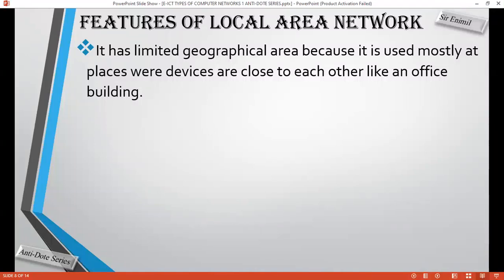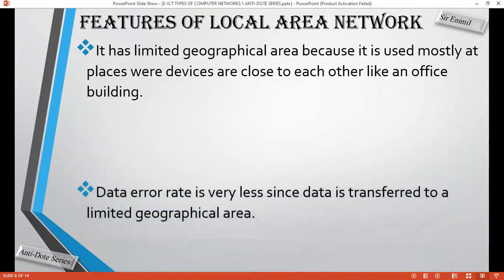It means that once you step outside that particular area, you are not getting access to the office documents. You have to be within the premises in order to get access to the network. So it has a limited geographical area. It doesn't span across multiple areas. It spans only within the area that the company sees fit and where the organization is. If you want more than that, then we are looking at a different type of network.